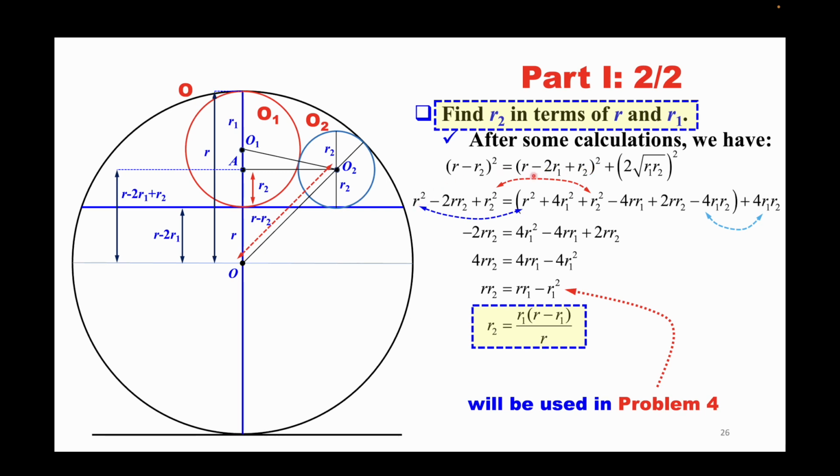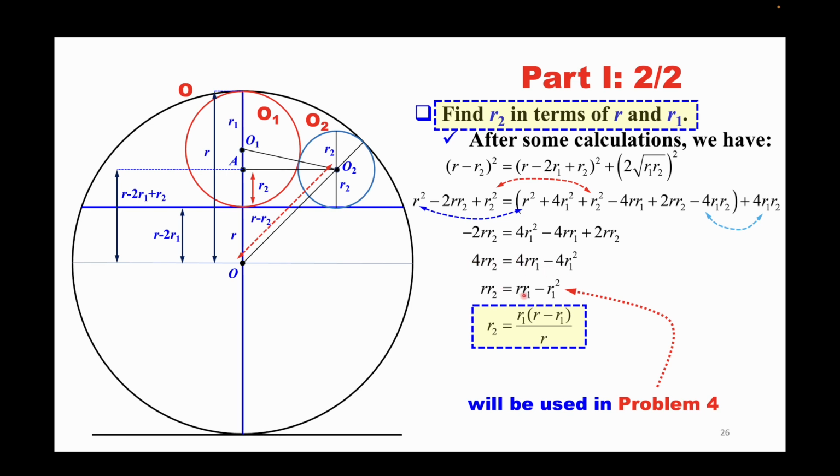Now we could expand this one. We see that R squared here and here cancel each other. R2 here and R2 here would also be cancelled. And when we expand this, we have 4 times R1, R2, which could be cancelled by this term. So after some simplification, we have this. Now, with some other arrangement, this one becomes this one.